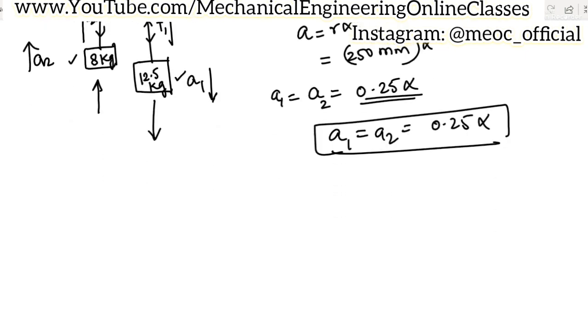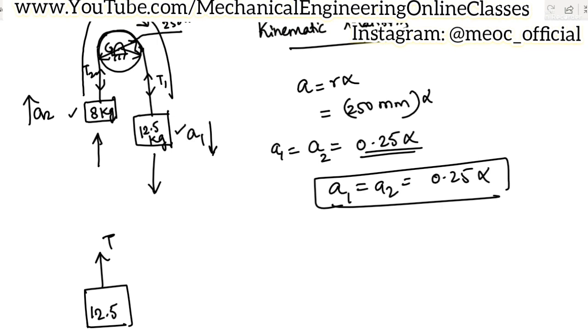Now let us start with the block which is of mass 12.5 kg. When considering an object, the tension acting on the object is always a pulling force. So it acts away from the object, and tension in the rope attached to 12.5 kilogram is considered as T1.